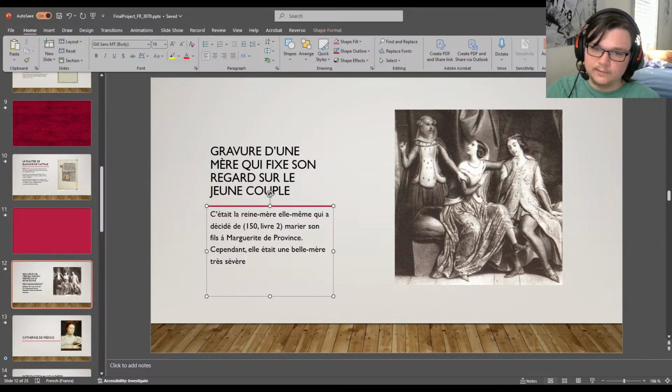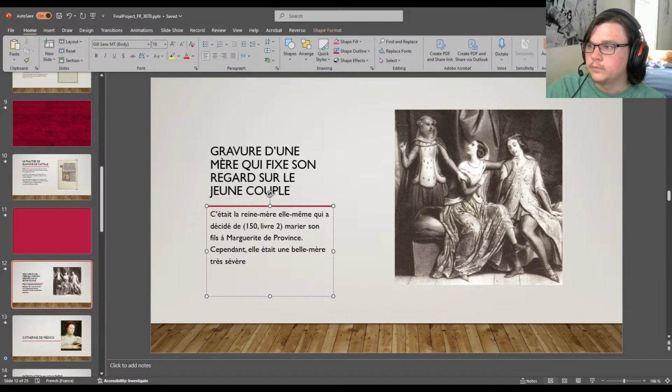Very strict mother-in-law. I think that also means stepmother. I don't think they have a different word for stepmother and mother-in-law. Although, to be fair, we're kind of like that too. I think in Spanish they have a separate word for your aunt or uncle by marriage versus by blood.